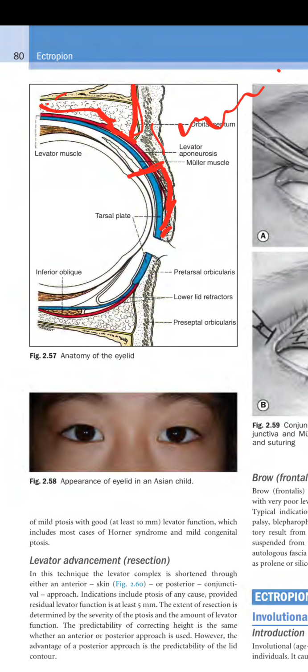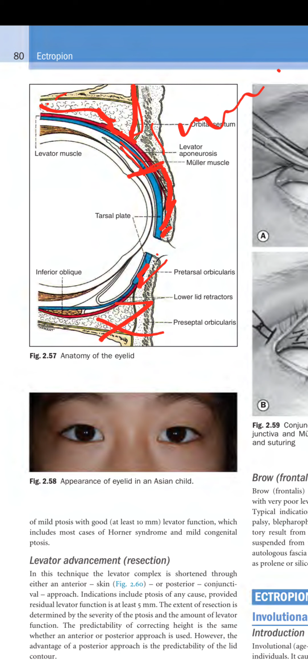So this is how the insertion of the levator aponeurosis is. And there is the Müller muscle that is attaching above the tarsal plate, and in the lower case there is a tarsal plate, and the other is the lower lid retractors.